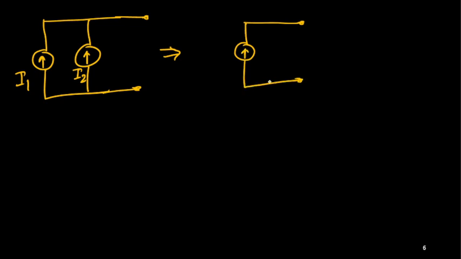So here what is the current? This side current is I1, this is I2. So net current is obviously I1 plus I2 in this branch. So that we should get here. Both the currents are added because they are in the same direction, both are upward. If both are in the same direction, they are simply added.